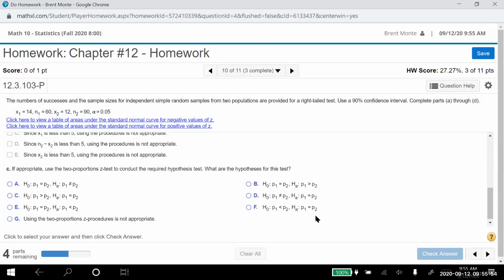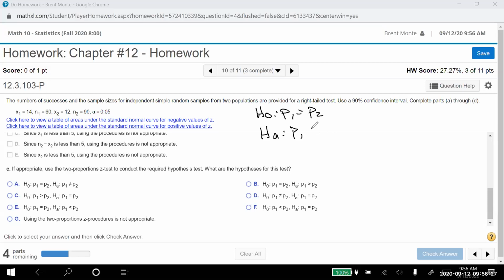All right, if appropriate, use the test. So we're doing our test. So let's set up our hypotheses. The null hypothesis is that the 2 proportions are equal. The right-tailed test is going to be that, let's see, if it's a right-tailed test, we're thinking that the second one is bigger.